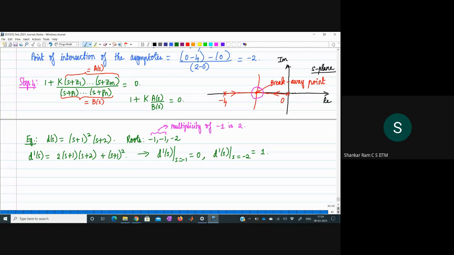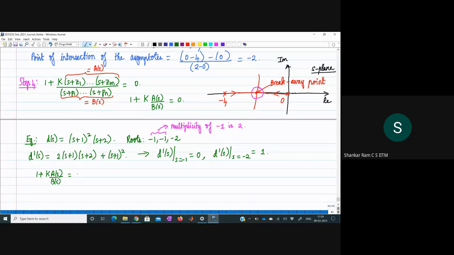Given this fact, we differentiate 1 plus k a of s divided by b of s.